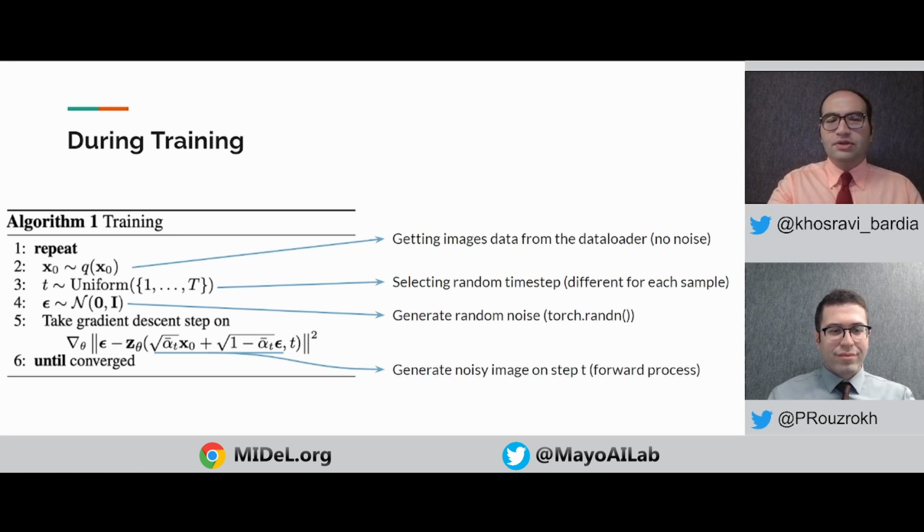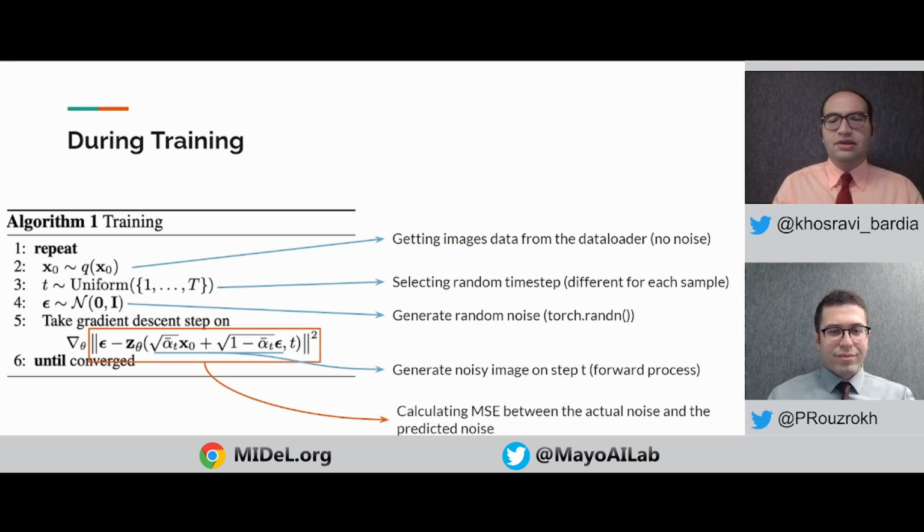And then we calculate the loss, the MSE loss. There are other variations, but let's stick with the MSE. We calculate the MSE loss between the actual noise, which we calculated at line 4, and what the model thinks the amount of noise added to the image was. And that will be your training.